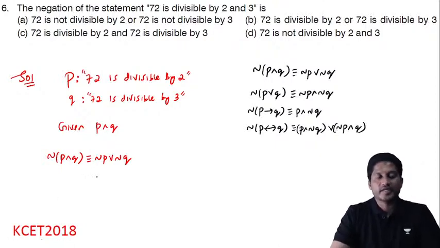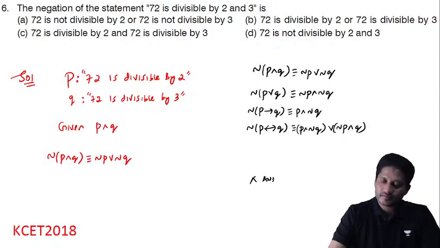Right, now negation p disjunction negation q is: 72 is not divisible by 2, or 72 is not divisible by 3. Disjunction is OR, conjunction is AND.